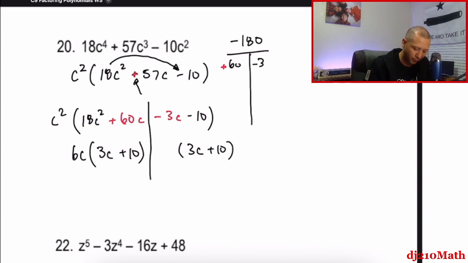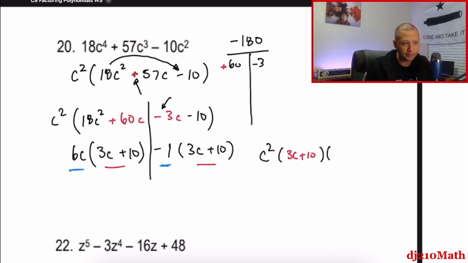And sure enough, 3 and 10 are here. So that means this is negative. We're going to take out a negative 1. Right, if you can't take out anything, take out a 1. So we can't forget about the c squared. So c squared is definitely in our answer: c squared times 3c plus 10, and then the outside parts, 6c minus 1.